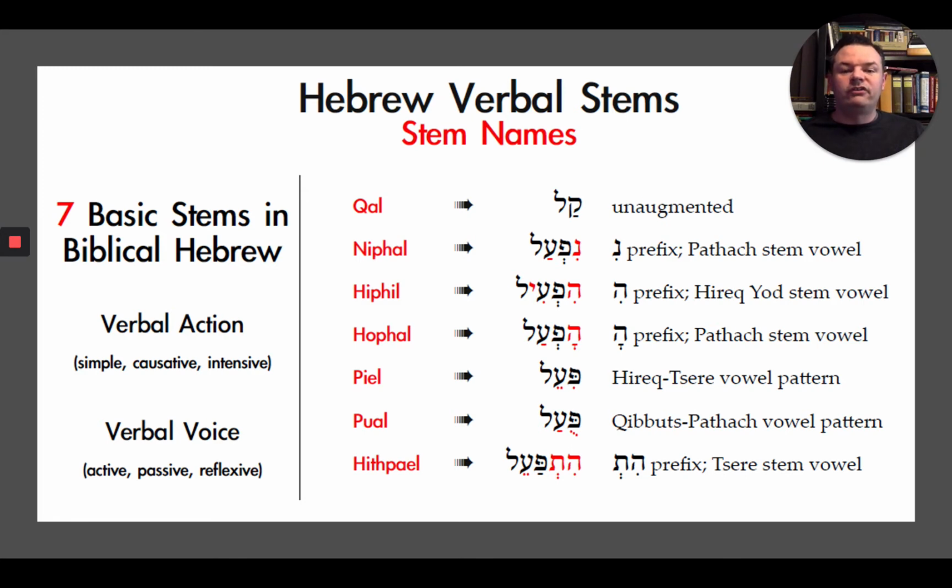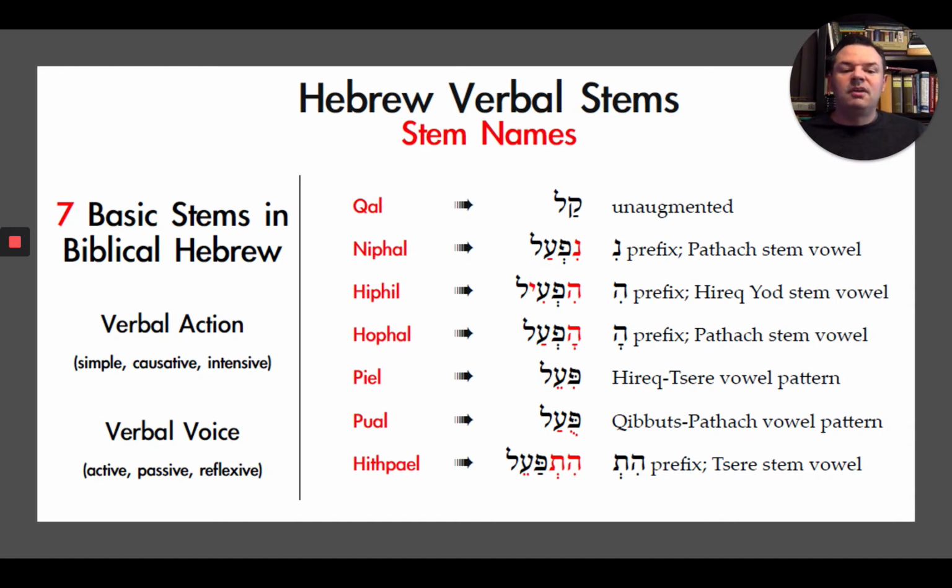Then the Hophal stem, you're going to have the he with the qamets hatuf, and then the short A class vowel, the patach vowel. The Piel is going to have a hireq underneath the first letter, and then a tsere underneath the next character. It will often also double that middle radical, but we'll see that as you see the Piel stem later on in the textbook.